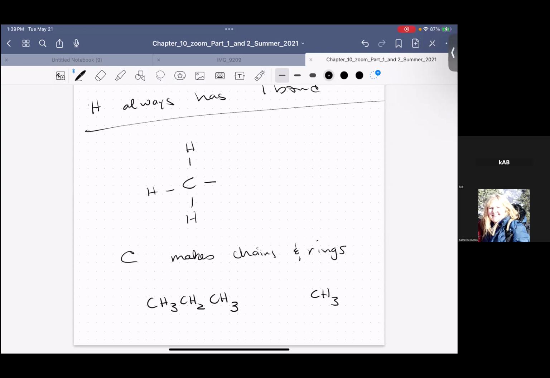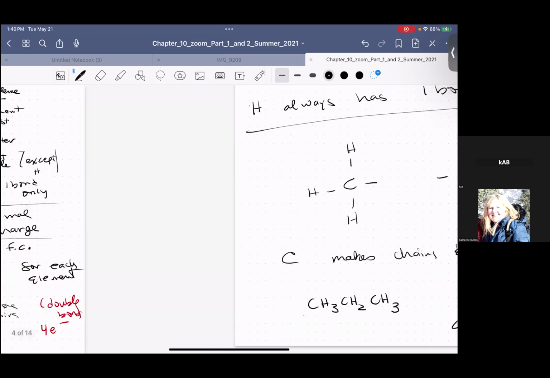If we have a CH2, CH2 means it's going to bond to 2 other things. And with my CH3s, I can have them on either end. So if I think about this, and my CH3 is on the end, CH2 is going to be in the middle somewhere, bonded to 2 different things.